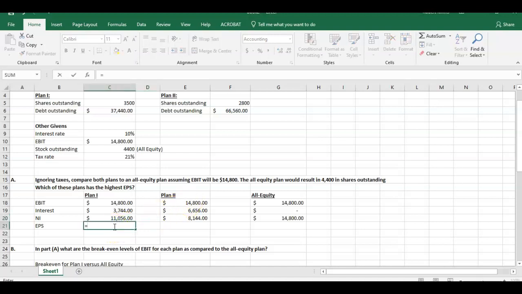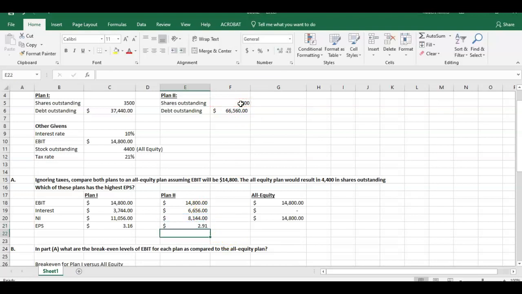Now, if we go to our earnings per share, we just take our $11,056 here in net income in plan 1, and we divide that by our number of shares outstanding. This is going to give us an earnings per share of 3.16. Same thing here. We're going to have our net income of 8,144. This is going to be divided by the number of shares outstanding in plan number 2.